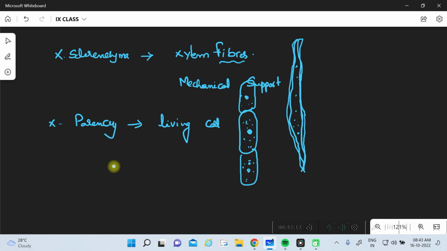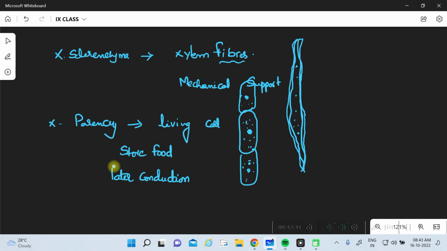The main function of the parenchyma in the xylem is, one, to store food material, as well as being involved in the lateral conduction of water. Storage and lateral conduction are both functions of the xylem parenchyma.